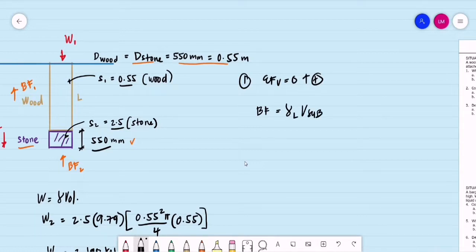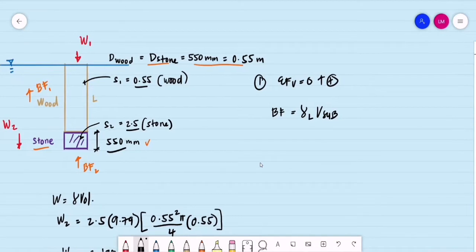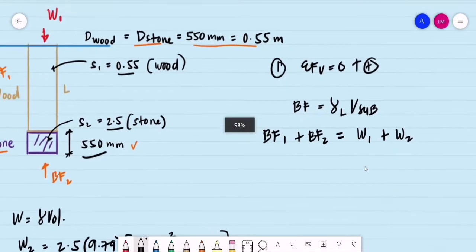Okay, so, for equilibrium, ano yung mga pataas? Yun yung buoyant force number 1, that is against the wood, plus, this is the buoyant force number 2, that is against the stone. Okay, ano naman yung mga pababa? Weight number 1, yung weight ng wood, plus yung weight ng stone, weight number 2. So, mag-substitute na tayo.